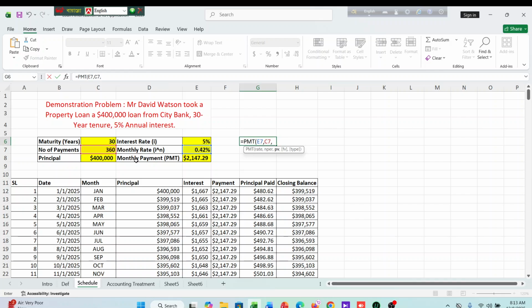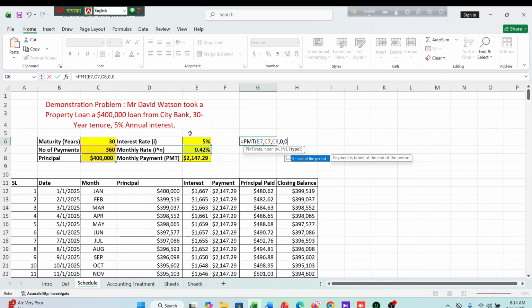The bank is paying you 4 lakhs US dollar. There is no future value because we have to pay the installment, so we will keep the future value at zero. And we will want to pay the loan at the end of the month, so that is also zero.